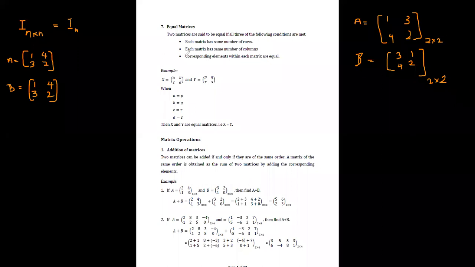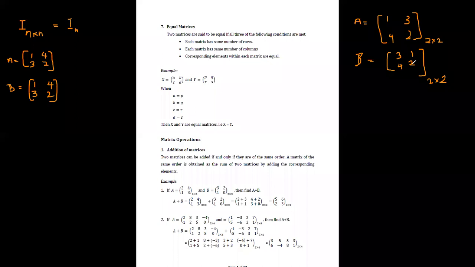And if you check the third condition, as soon as you see these two matrices, you can see the elements are equal, because 1, 3, 4, and 2 are included in matrix A, and in matrix B, 1, 3, 4, and 2 are also included, but the order is not similar.